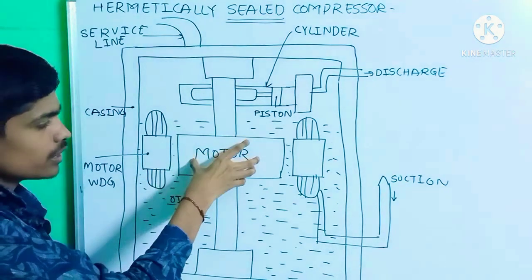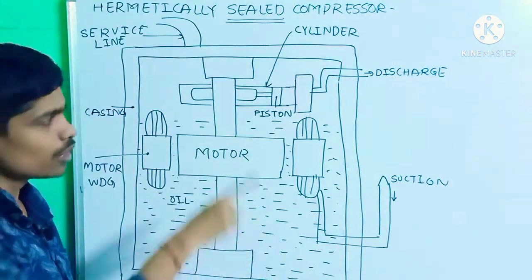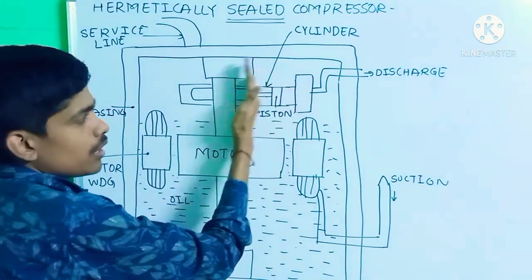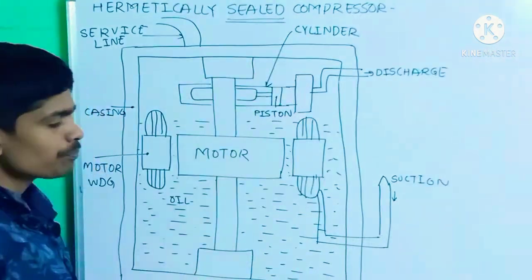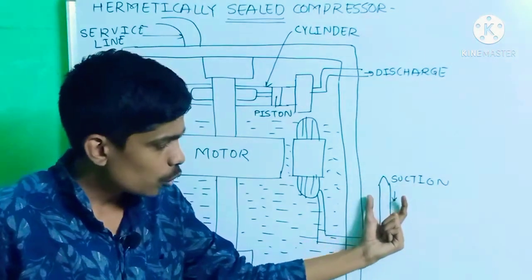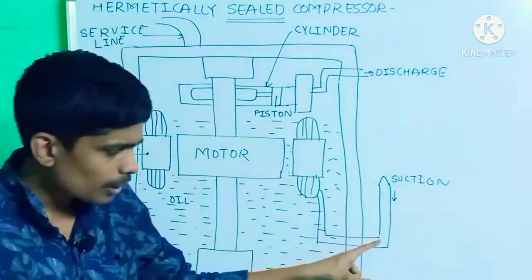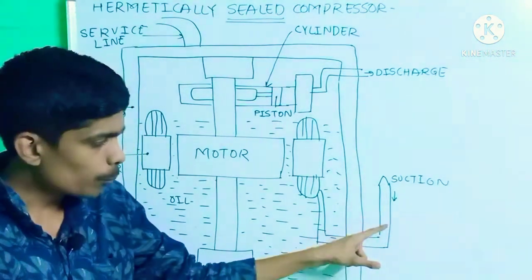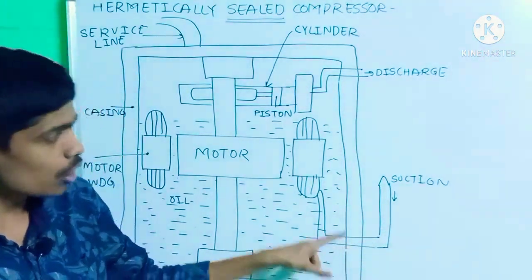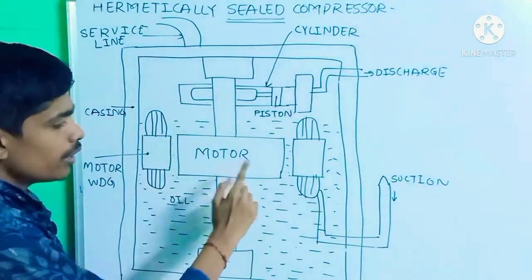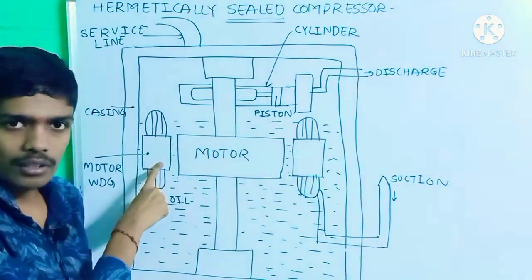Now in this, the motor and compressor are on the same shaft in the same casing. As the motor rotates, here is the piston, it will reciprocate inside the cylinder. It will suck the low temperature low pressure vapor refrigerant from the evaporator, but that vapor refrigerant is not directly given to the cylinder. Instead it is circulated around the motor and motor winding.